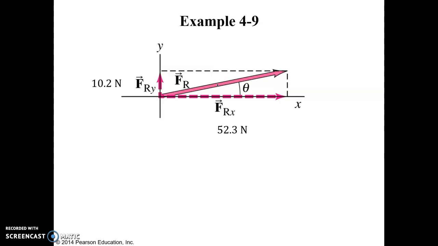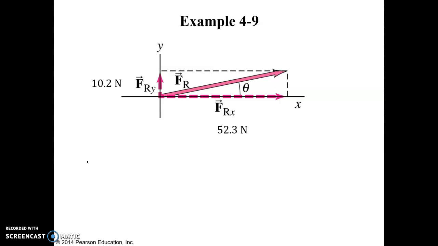But we would like to describe the vector by giving its magnitude and direction. So these two components, when put together with the resultant, essentially form a right triangle. And so we can find the length of the hypotenuse, which is the magnitude of the resultant, by using the Pythagorean theorem.